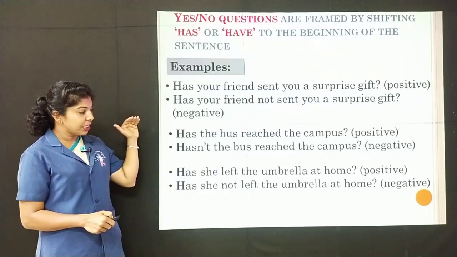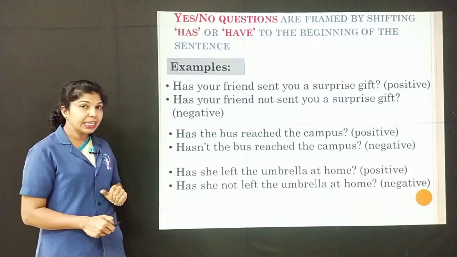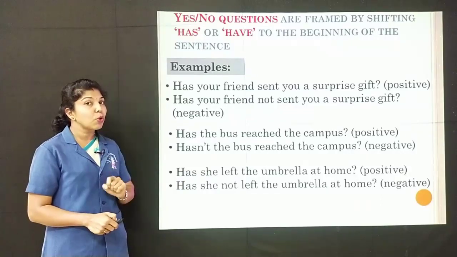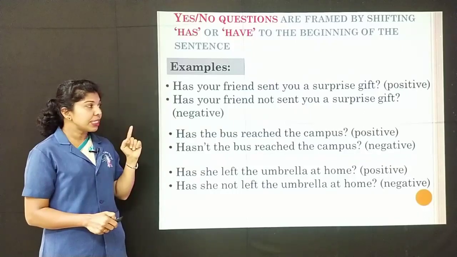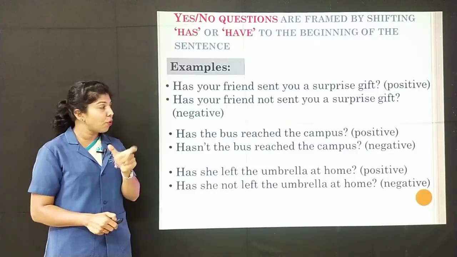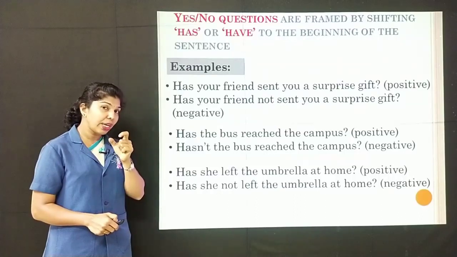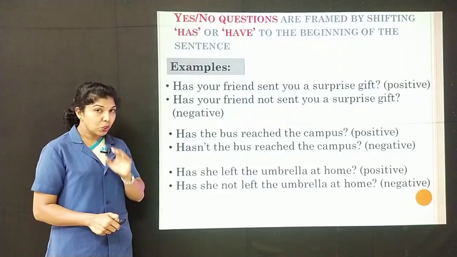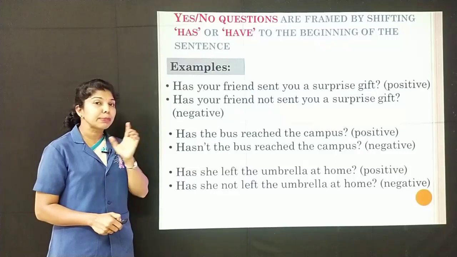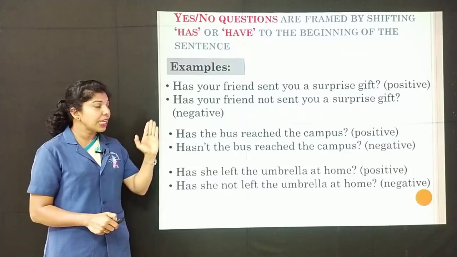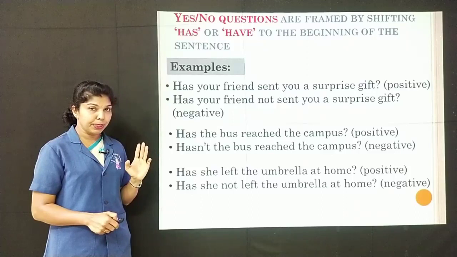Now if you see the first sentence and the second and third sentence, you will see a small difference. In the first sentence, I have used the expanded form has not. In the second and third sentence, I have used the contracted form hasn't. So when we use the expanded form, between has and not, we place the subject.